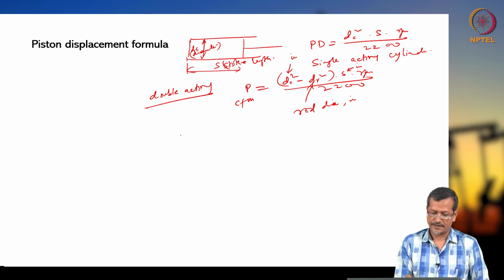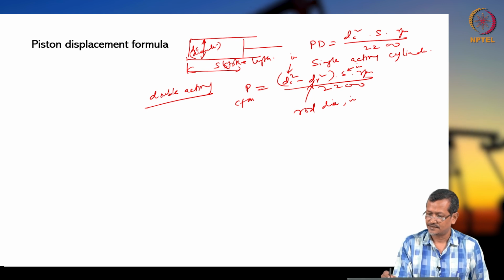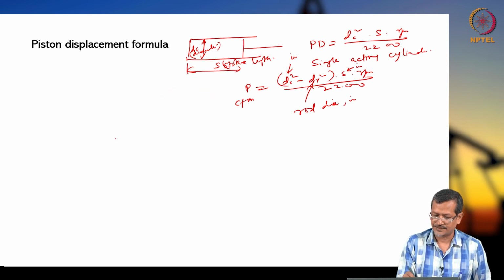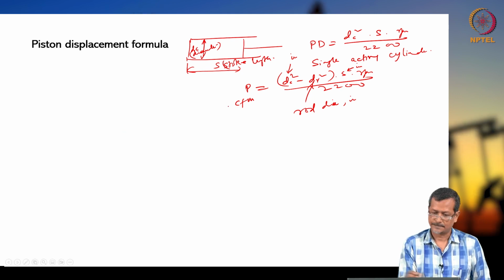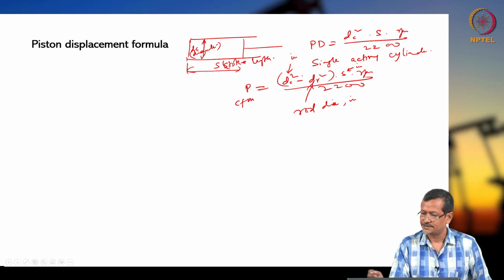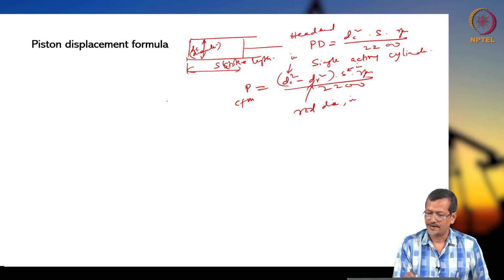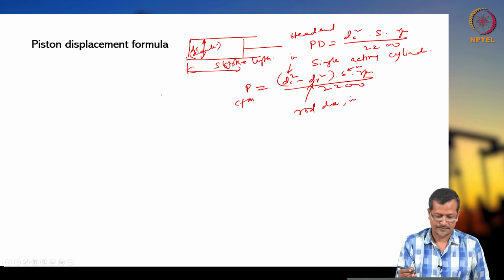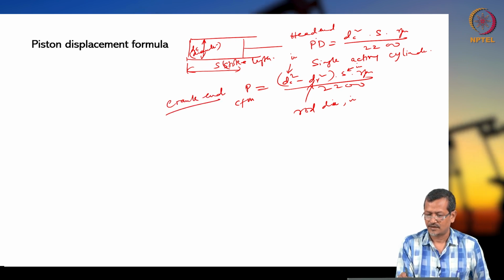So this is single acting, and this is also single acting. For double acting I will write a different formula, because 2 Dc will be coming. This is the head end, and this is the crank end.